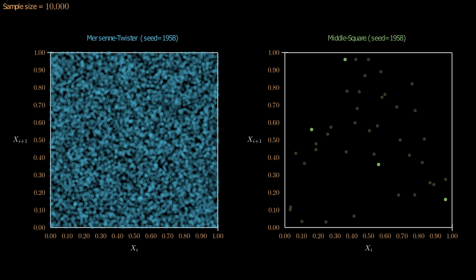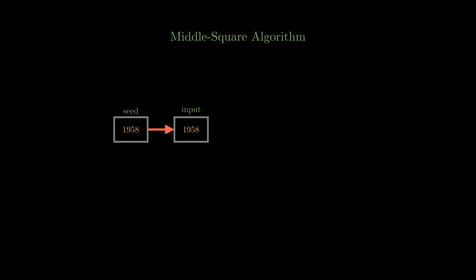It's time to have a look under the hood of the middle square algorithm to see what exactly went wrong in this case. The middle square algorithm starts by taking in the seed value that we provide, which is 1958 in this case. It then sets the input equal to that seed value. Next, it squares the input. In squaring an n-digit number, we get a number that has at most 2n digits.